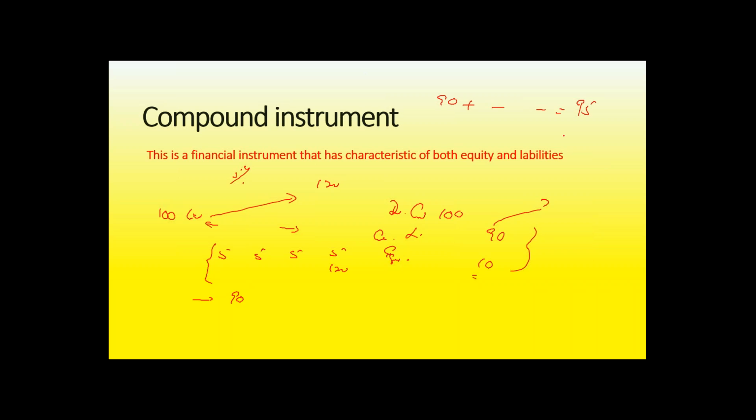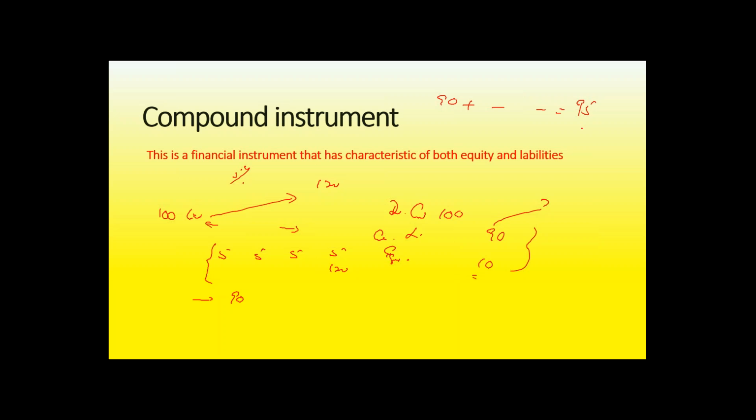So equity is never remeasured and will stay at 10, but the loan component will be remeasured at the amortized cost, which is the original nominal value plus the effective rate minus the coupon rate. That will go on till you come to the final fourth year or the fifth year.